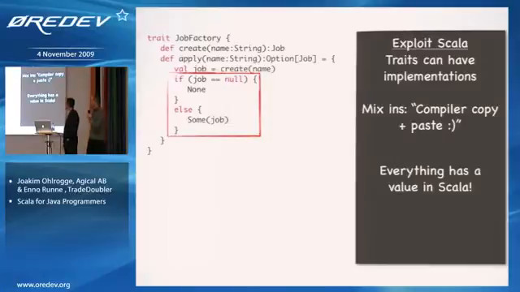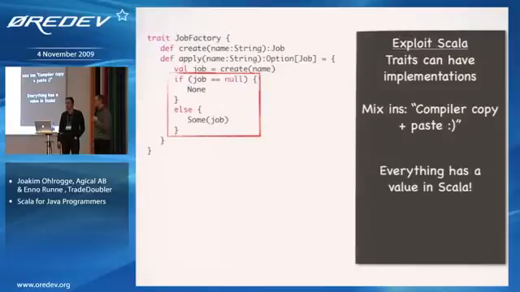But this interface job factory, we want to use it from Java. So we have to combine this trait job factory with a bit of Java plumbing code. Because these traits, we didn't say this out loud, but this code here you could see as compiler copy-paste. When we use this trait, the compiler will tuck this code into the class where we use the trait from, and it's called mixins.